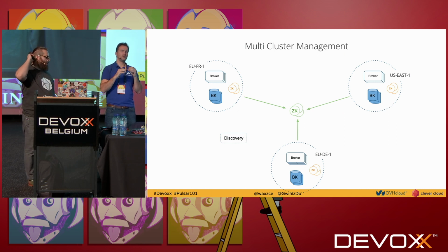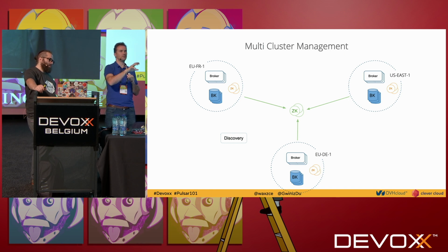You could provide to your customers a single URL with any cluster behind. And the discovery will say, okay, for this topic, the right cluster is this one. So you can actually mask all the complexity, all the replication, all the number of clusters you have behind, and you provide a single URL to your customer.